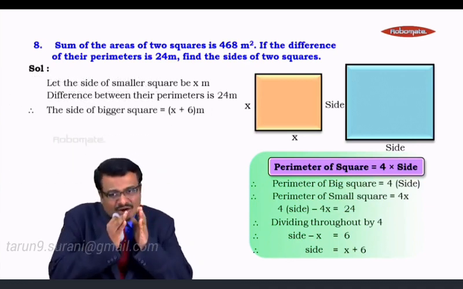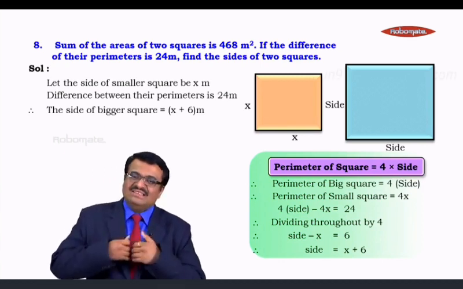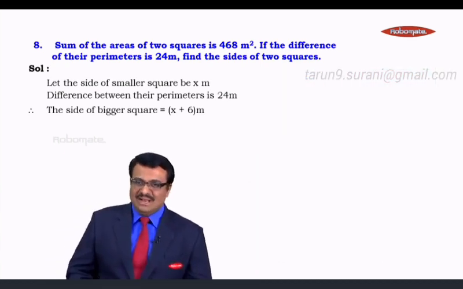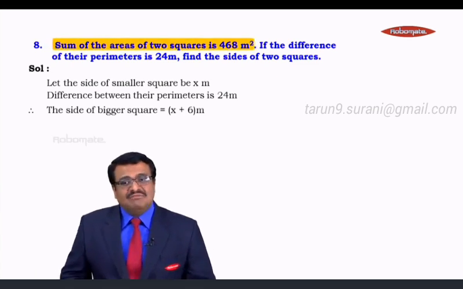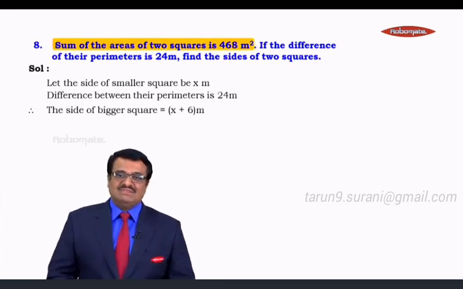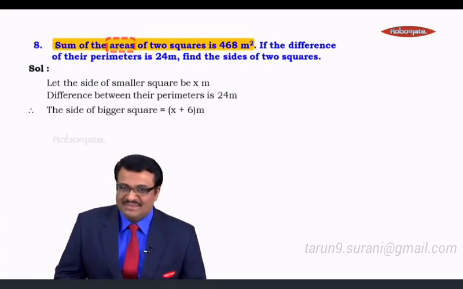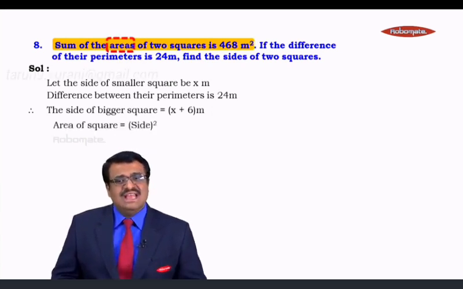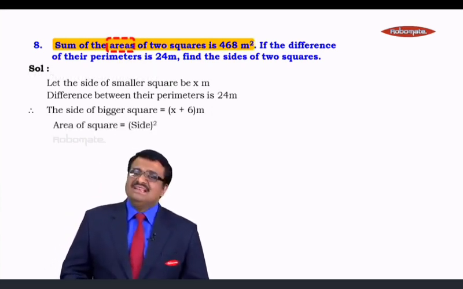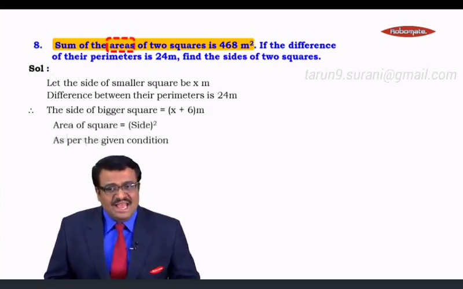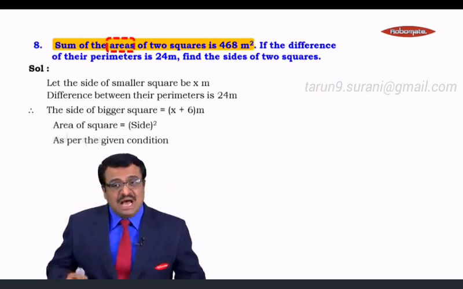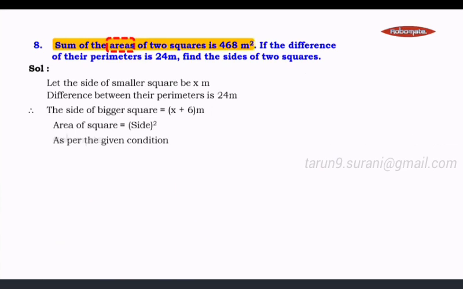Now, once we have got the side, it is easy to do this sum. How will you do this sum? Sum of the areas of the 2 squares is 468 meters square. Now, what is the area of a square? Area of a square is side square. Sum of the areas, sum means addition, right?